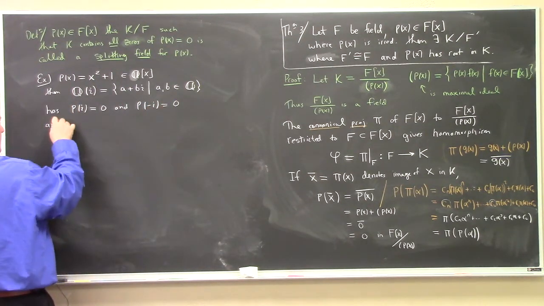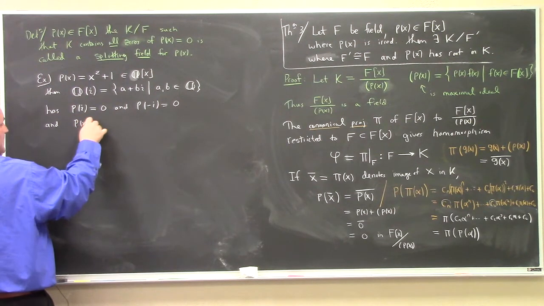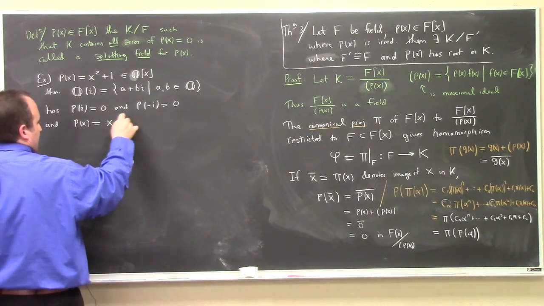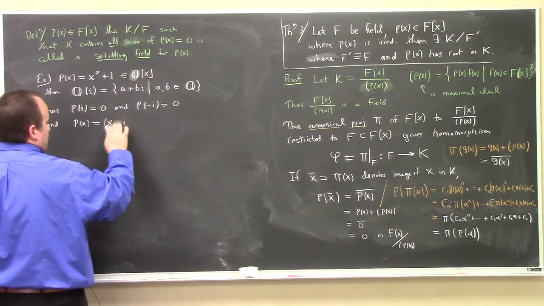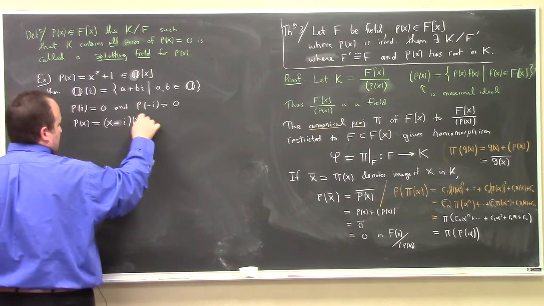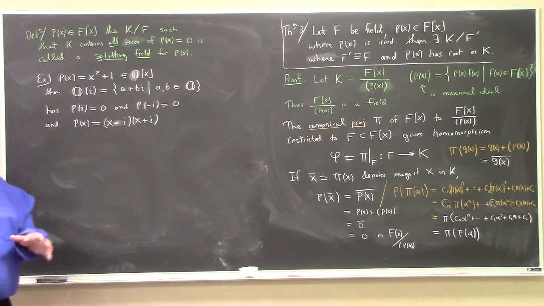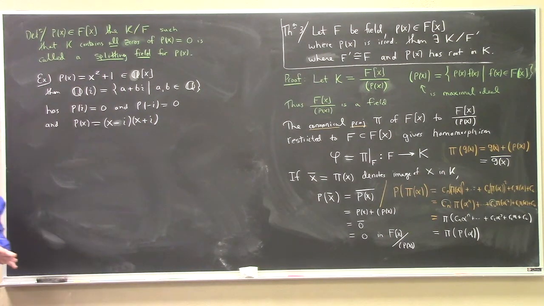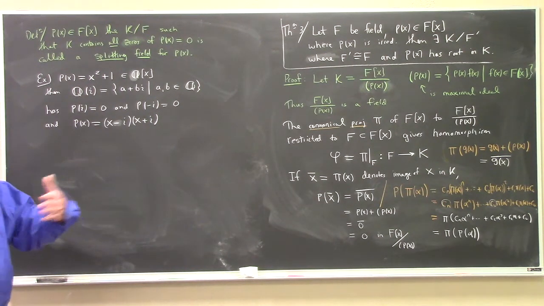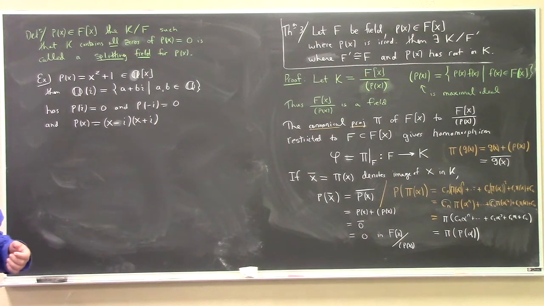And of course, P of x is equal to x minus i times x plus i. So that's why it's called a splitting field. It allows us to split the polynomial into a product of linear factors, possibly repeating.